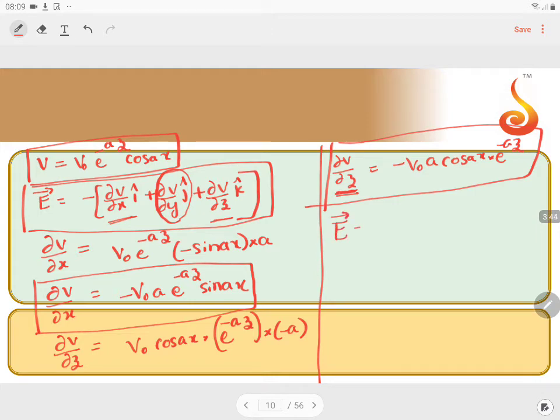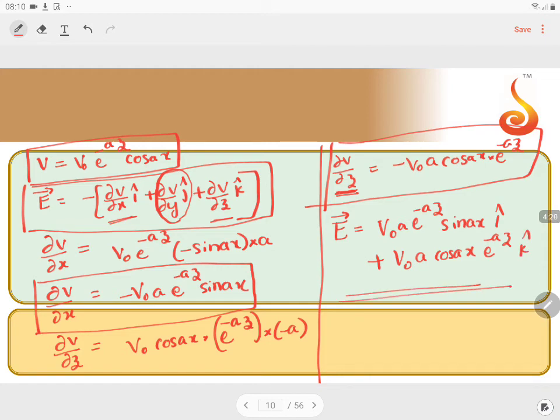So electric field vector will be equal to V naught A e to the power of minus Az into, sorry, it is sin Ax i cap plus V naught A cos Ax e to the power of minus Az k cap. So this is the correct option.